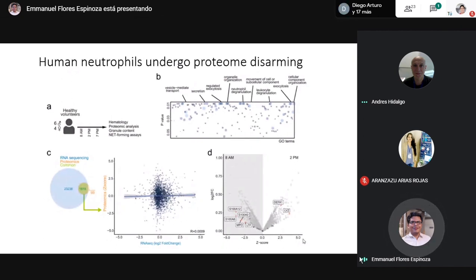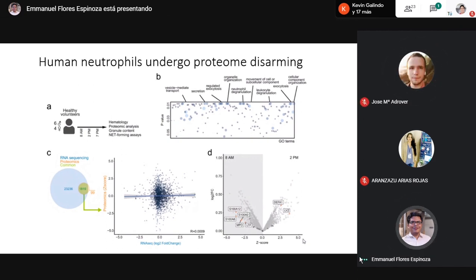About the proteome analysis, you can see in B the results of gene ontology analysis, and we can see that there is some differential enrichment of the process in the proteome of these two types of neutrophils. Here, I think that is showing the comparison between 8 a.m. and 2 p.m. neutrophils.